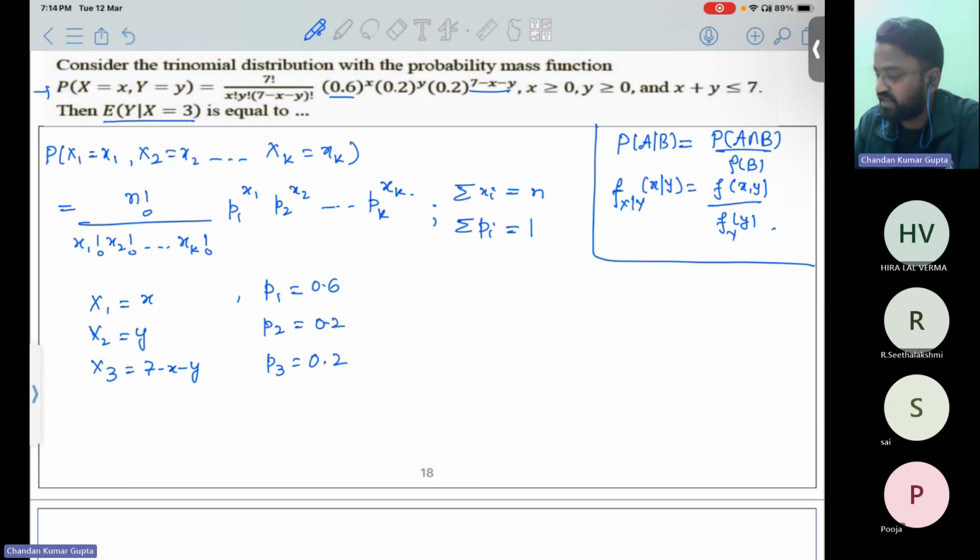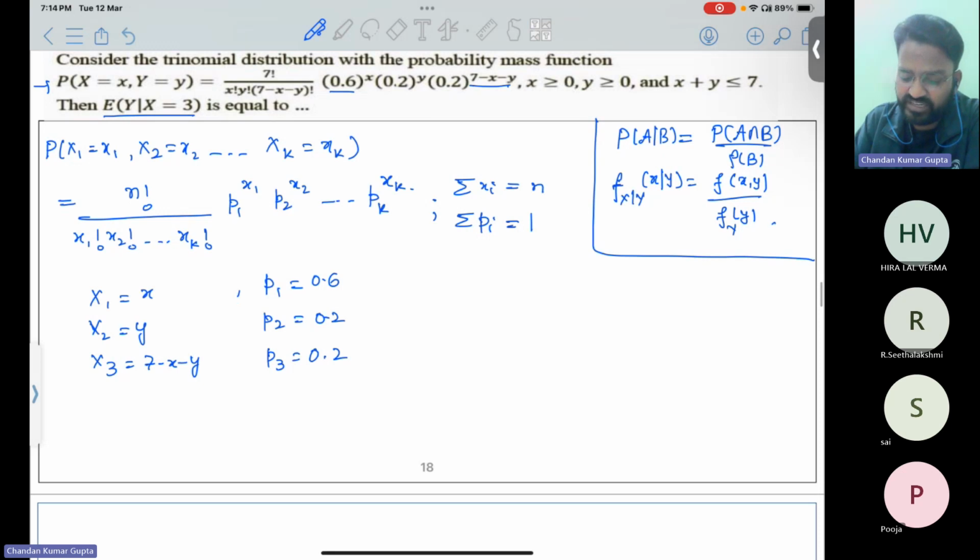Now our next aim is, we already know that in this condition x1 follows binomial n, p1, and x2 follows binomial n, p2.